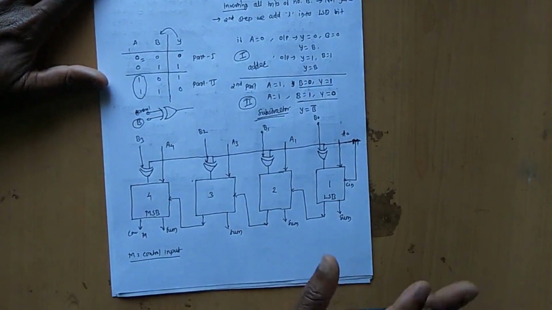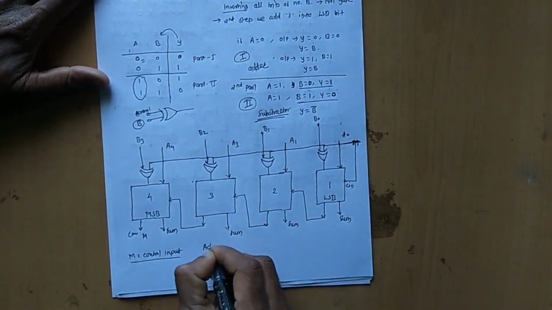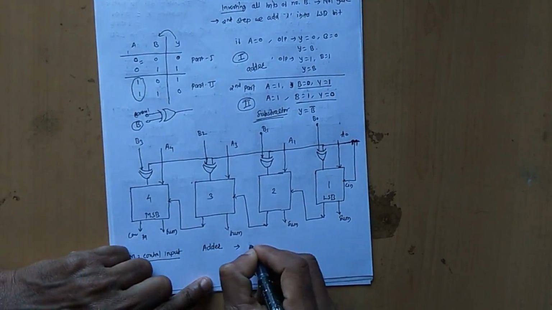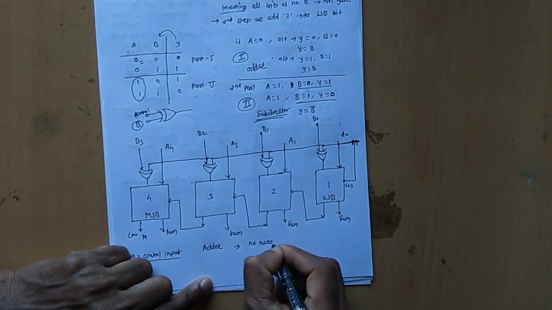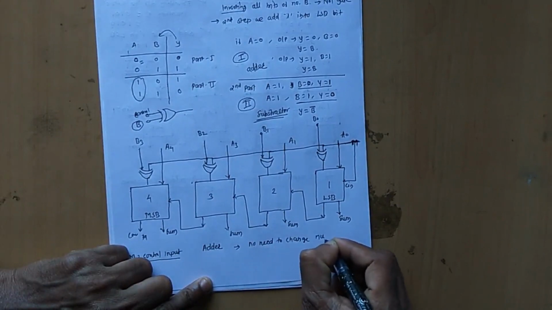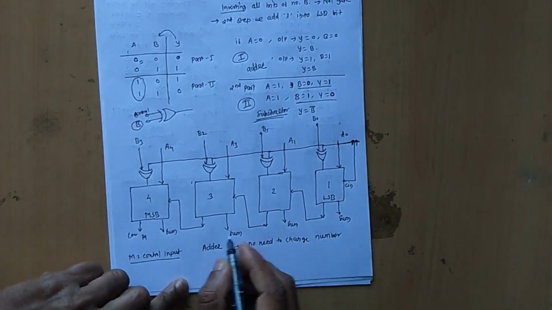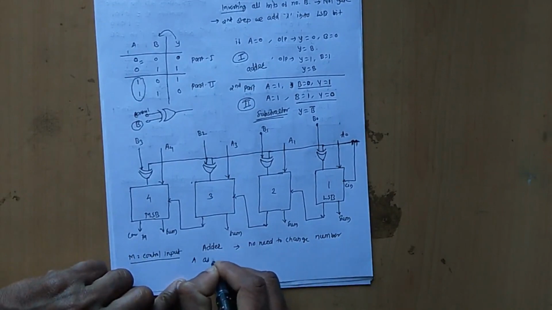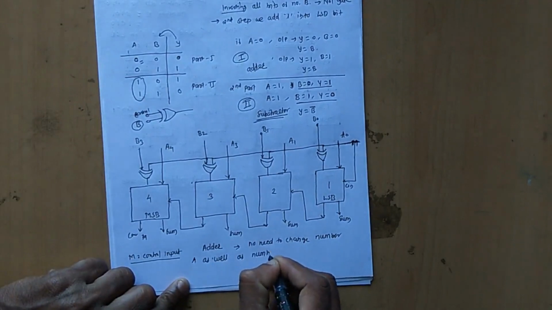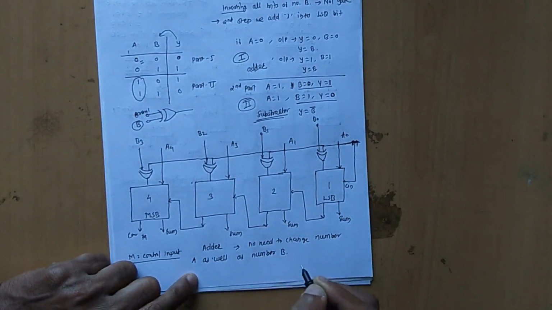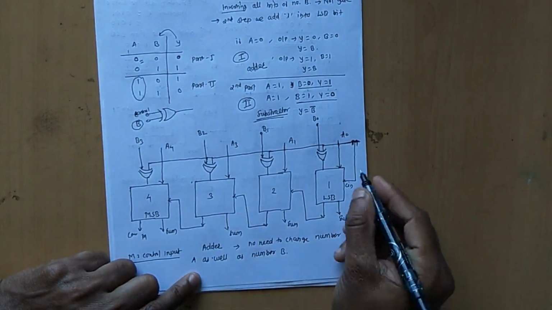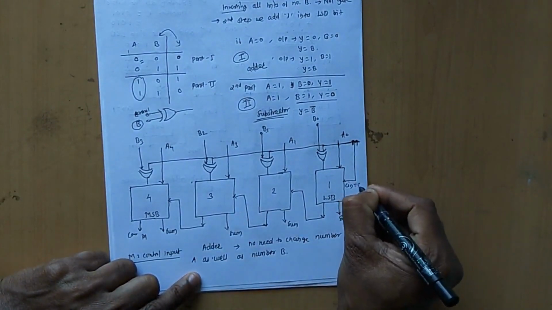Okay, first for the adder operation, we no need to change number A as well as number B. So we no need to change any value, so just consider C in is equal to 0.